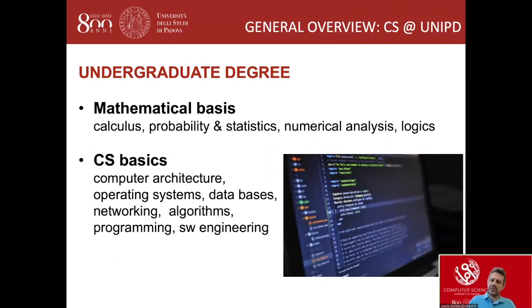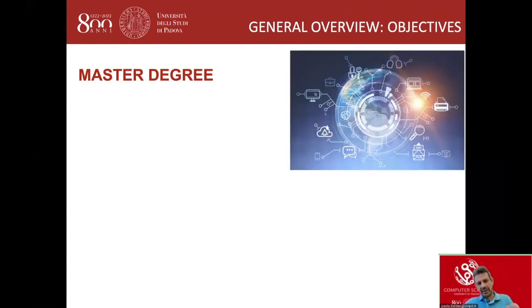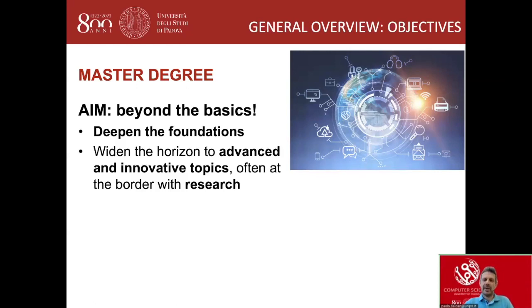So why continue? What is the aim of a master? Well, I would say that clearly the aim of a master is to go far beyond the basics. And in our view, this has to be done in two directions. On the one hand, deepening the foundations, because we strongly believe that a high-level professional in computer science should have an education which is deeply rooted in the foundations of the discipline.